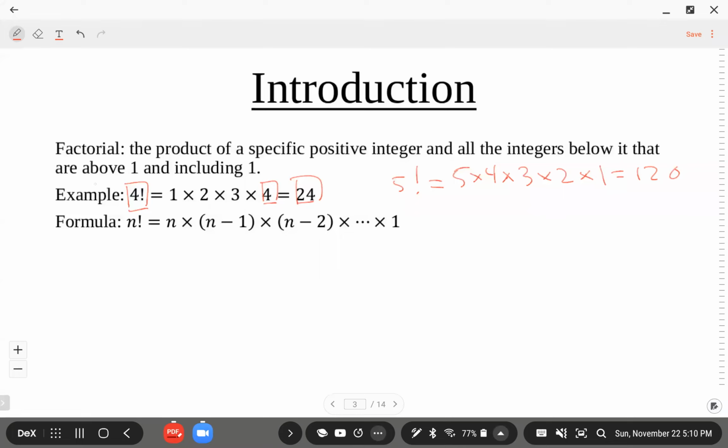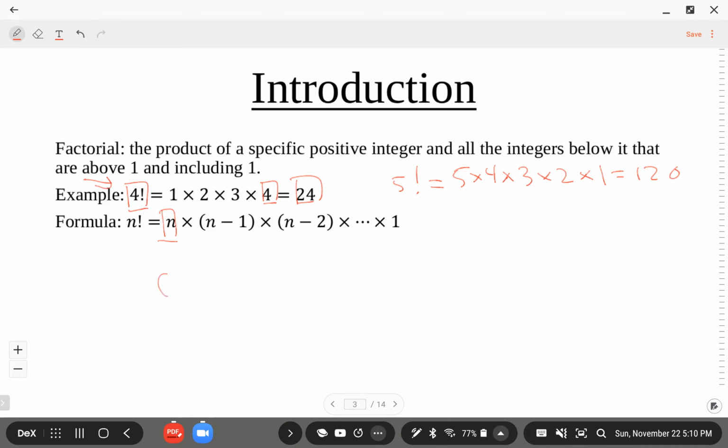In 4 factorial, 4 is n, the specific positive integer you're trying to factorial. So n factorial equals n itself times n minus 1 times n minus 2 all the way down, and once you get down to 1, you stop. And that's what we just did, right?